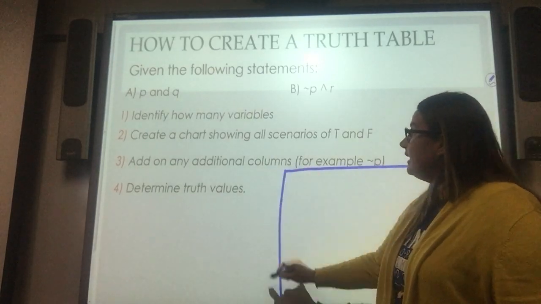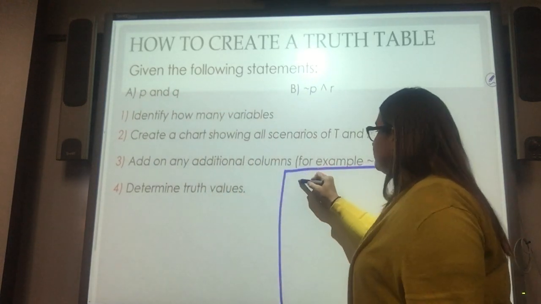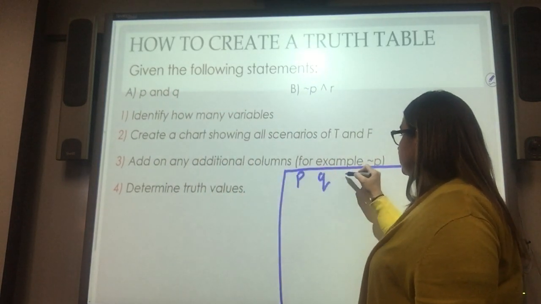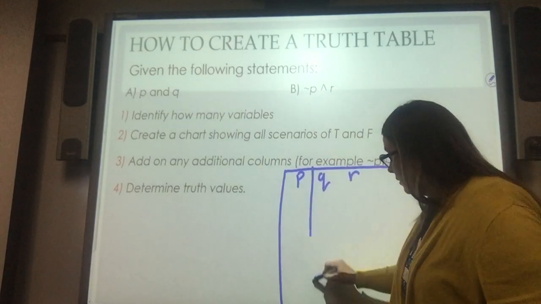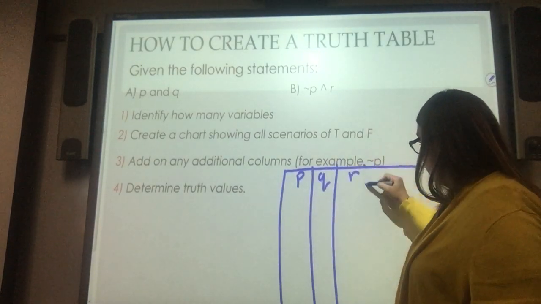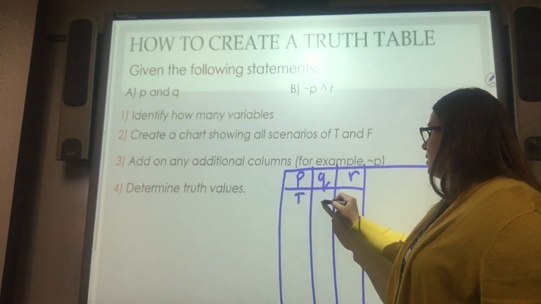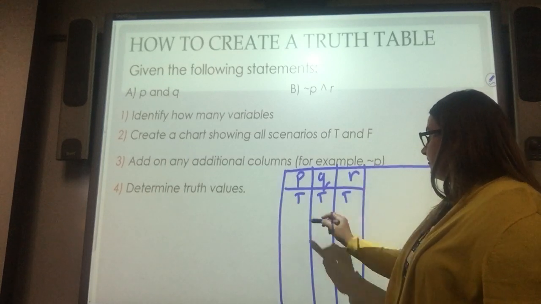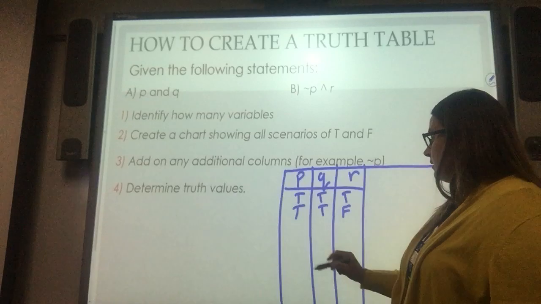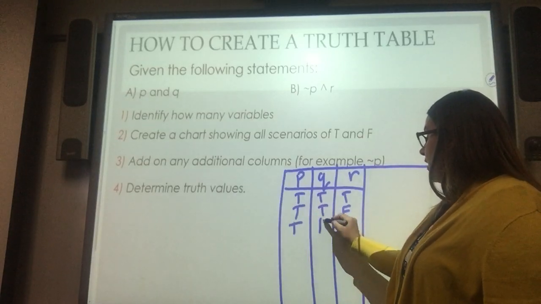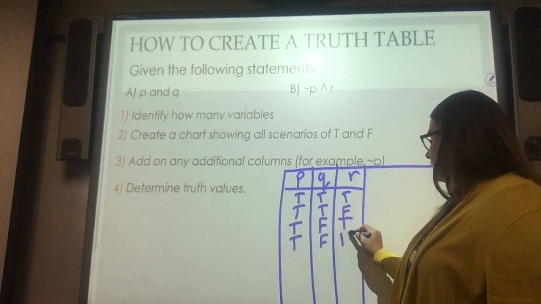So my different headings, I notice up here I've got a P, a Q, and an R. So those are going to be my first boxes: P, Q, and R. So what are all my options? True, true, true; true, true, false; true, false, true; and true, false, false.